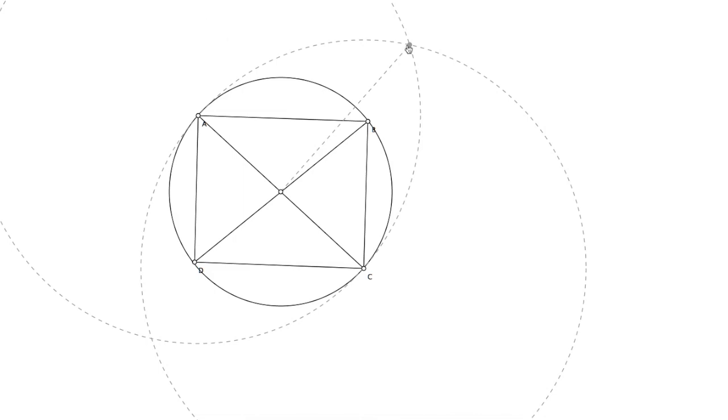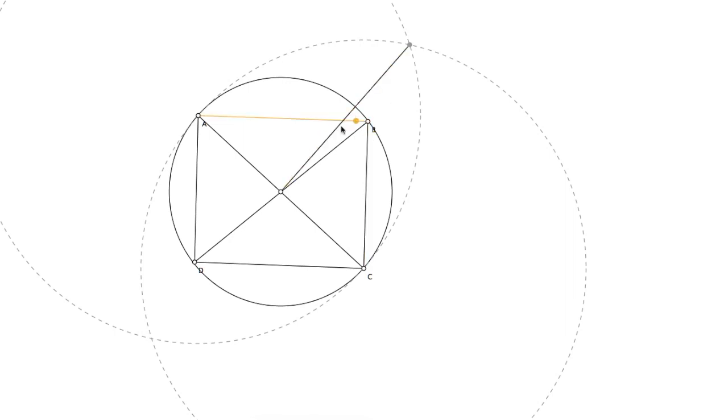Because I didn't draw my figure perfectly, there's no way of knowing whether or not this line is going to pass through point B. Now I didn't draw a perfect square, so maybe it does, maybe it doesn't. If my square were perfect, would this actually pass through point B? Well, maybe, but we have to prove it, and drawing does not prove it, right?